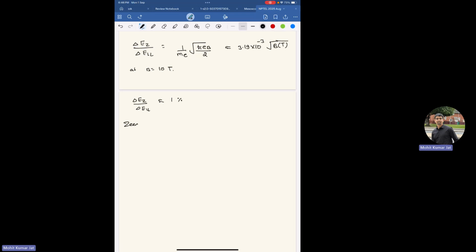So Zeeman splitting in case of Landau levels is much less than Landau level separation.